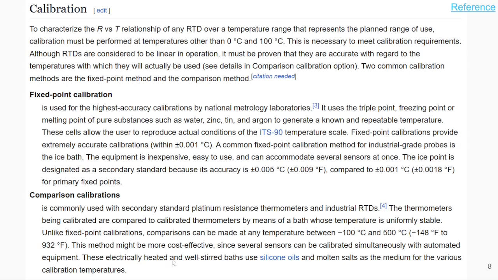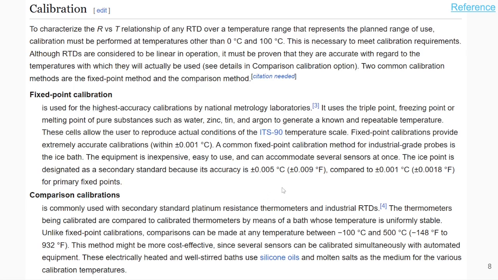These electrically heated and well stirred baths use silicon oils and molten salt as the medium for the various calibration temperatures. Okay, so in simple words, in relation to this particular course, what I emphasize again, need to highlight: the two types of calibration, fixed point and comparison calibration.